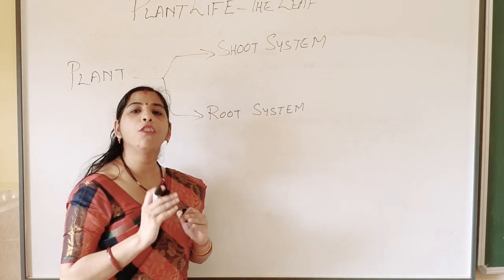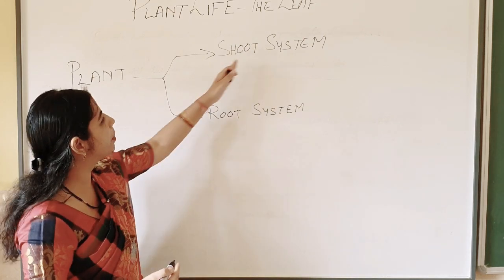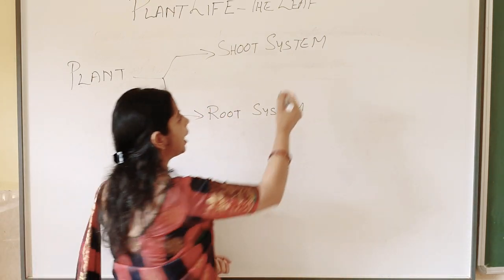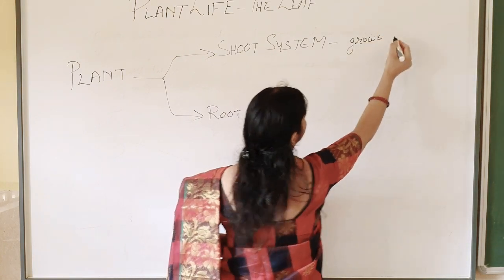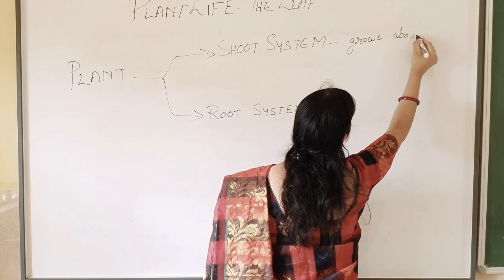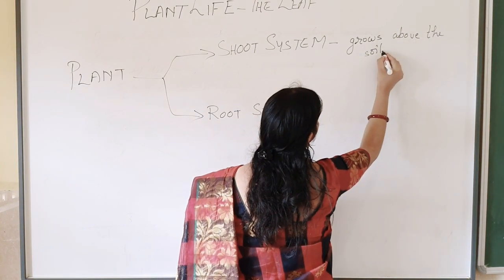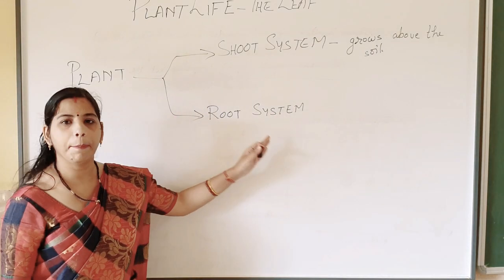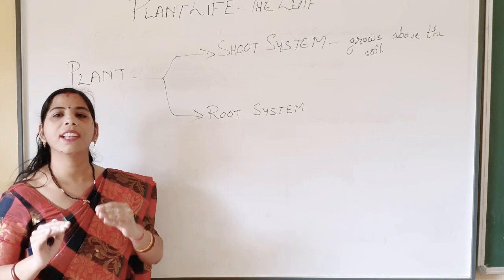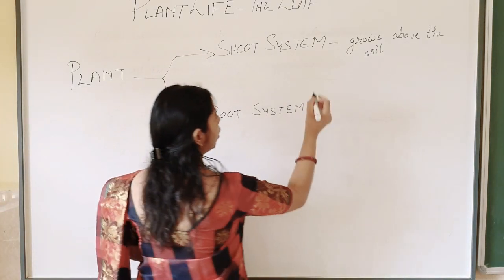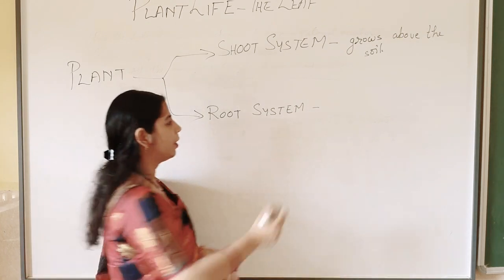The part of the plant which grows above the ground, that system is known as the shoot system. That means it grows above the soil, and the part of the plant which grows toward the soil is known as the root system. That means roots are present inside the soil.